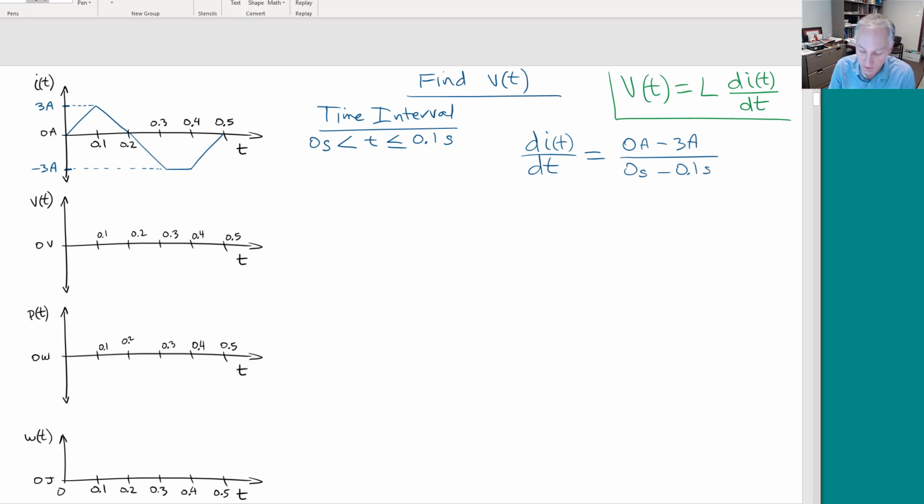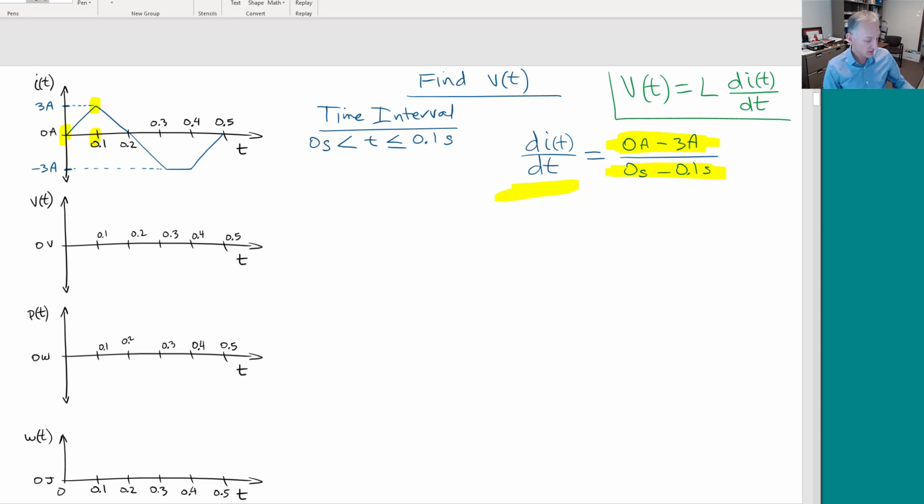So first, let's find what our di/dt is. What we're doing here is rise over run, just like in high school or whenever you started learning about graphs. The top here is the rise. It's starting at 0 and ending at 3 amps. In terms of time, it's starting at 0 and ending at 0.1, so that's the run.